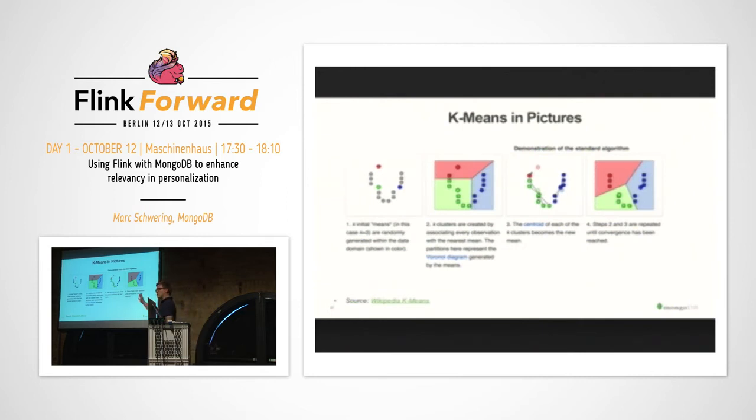This is picture number 2, and in picture number 3, you calculate inside your cluster the center of that in weight, and this is your new center. And then you do the steps again. So 2 and 3, you iterate over it, and this is hard in a way that you don't know when it's optimal. So you have to define how often you want to do that, and this is exactly what an iterative algorithm should do or must do.